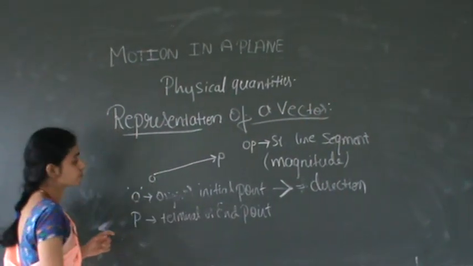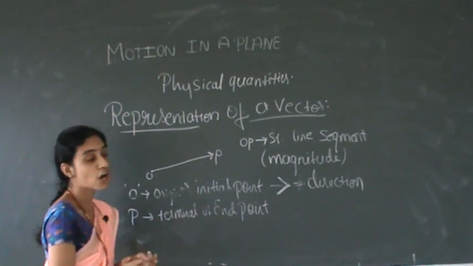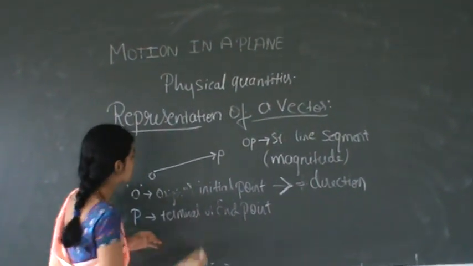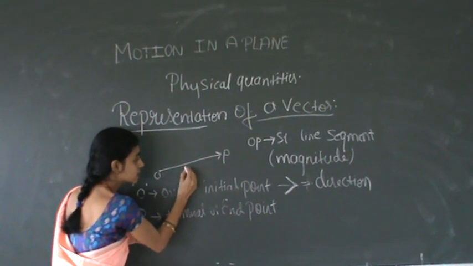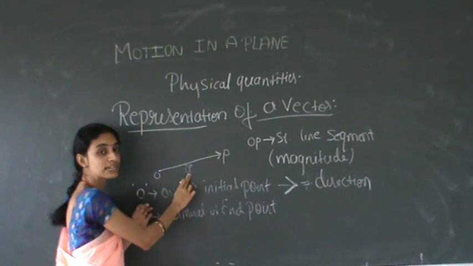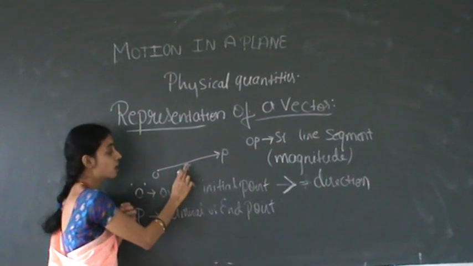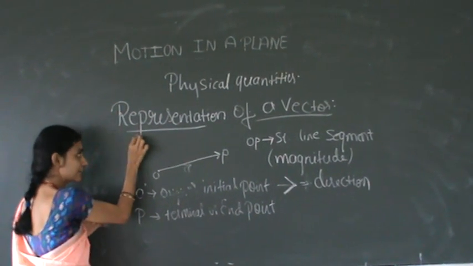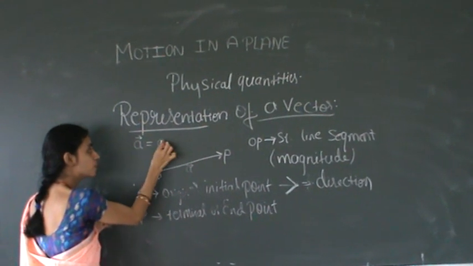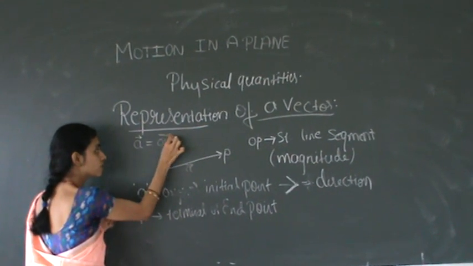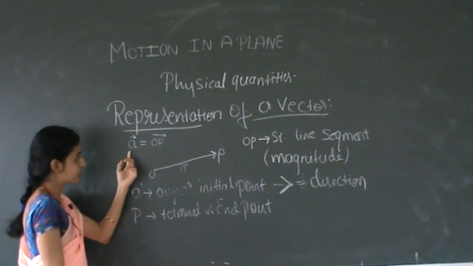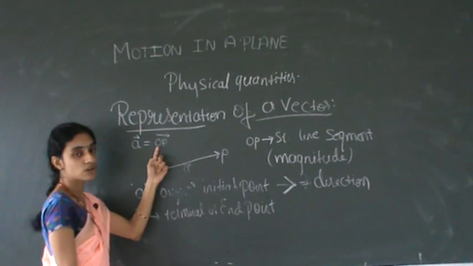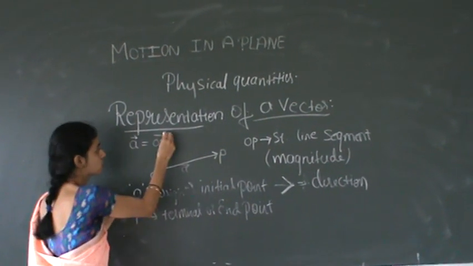So that is how we represent a vector. I can write the vector here. For example, A is a vector. I can write vector A is equal to vector OP.